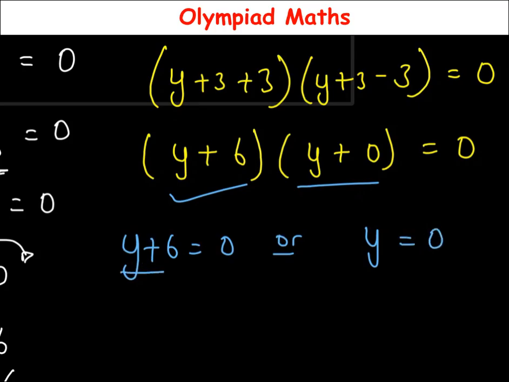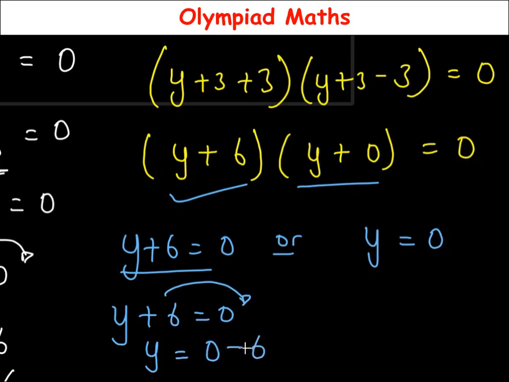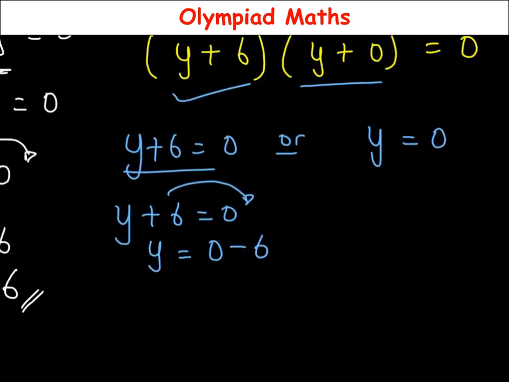From this linear equation, y + 6 is equal to 0, move plus 6 over to this side of the equation. This becomes y is equal to 0 minus 6, so the value of y is minus 6. And we've gotten the value of y here also as 0.